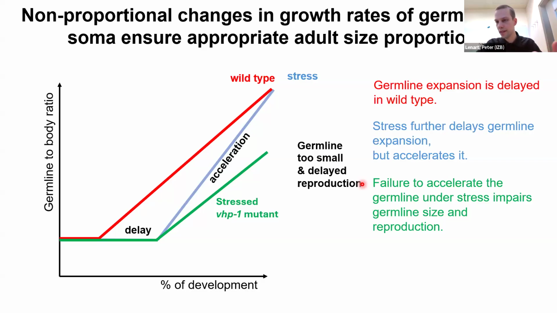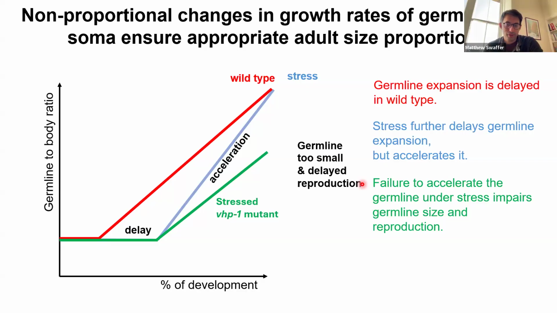So this could be one of the reasons that the germline has more proliferation going on. But we don't know exactly why they react differently, but they do react differently.